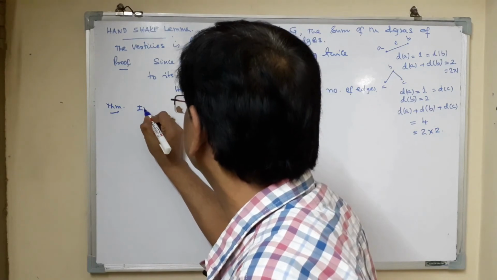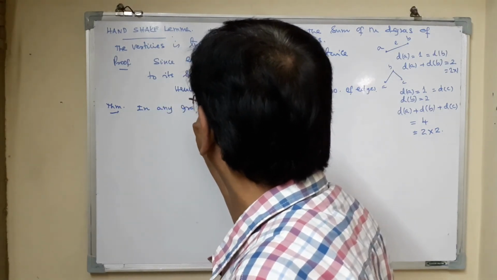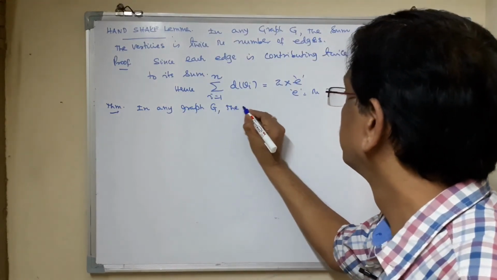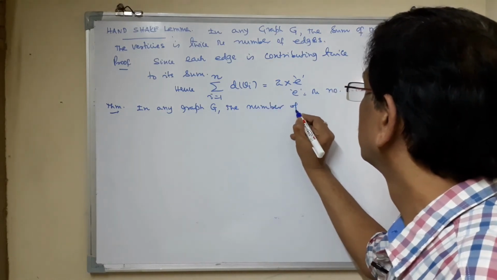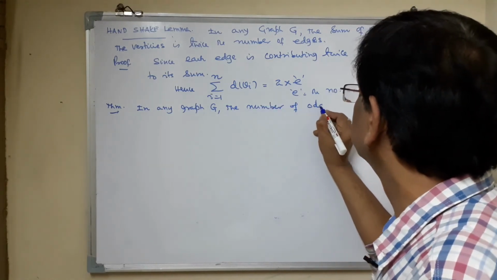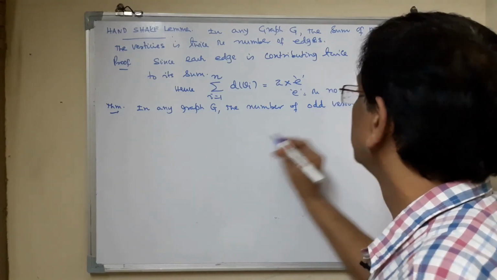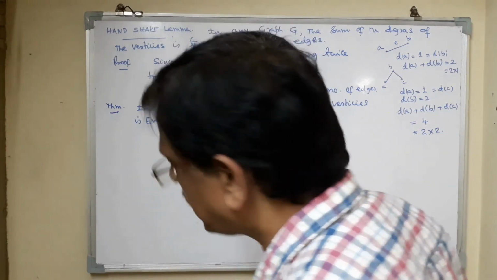In any graph G, the number of odd vertices is even. What do you mean by the number of odd vertices is even?